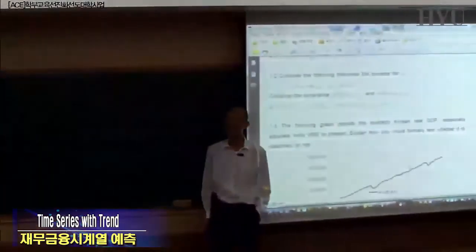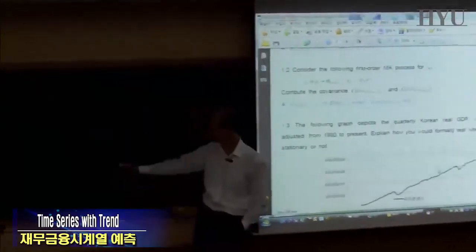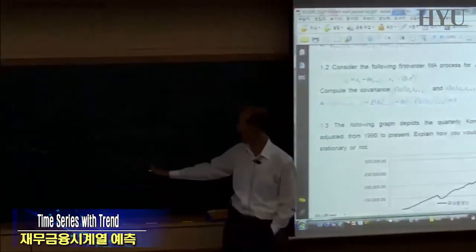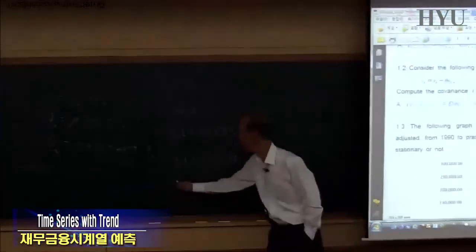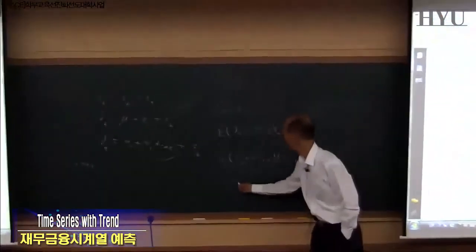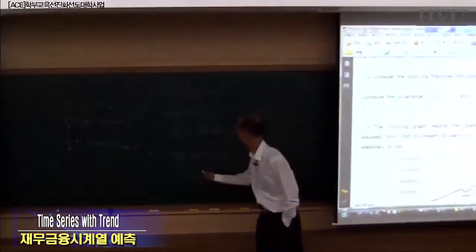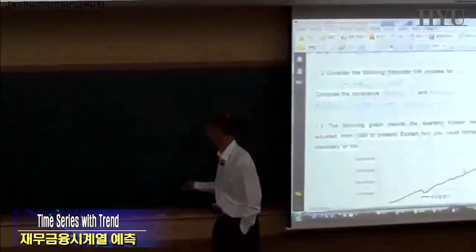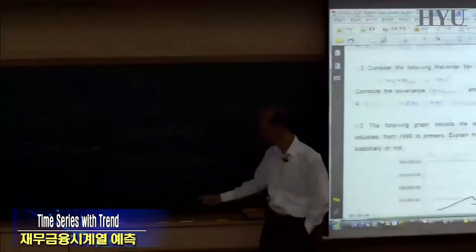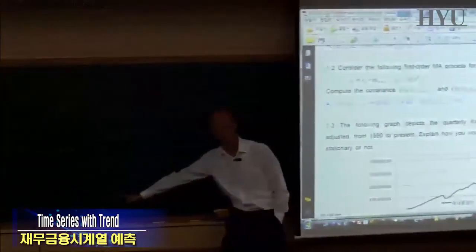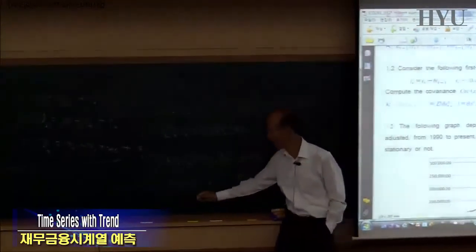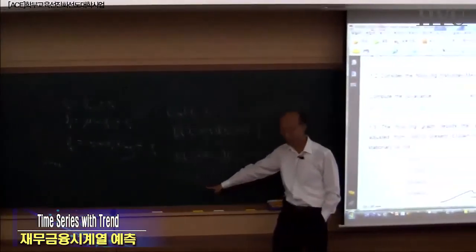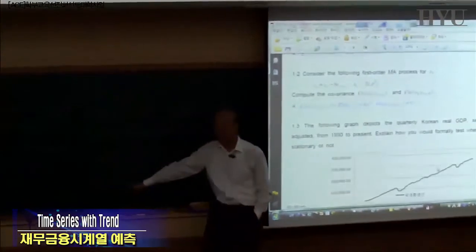The only thing left is this one, theta epsilon t minus 1 squared. So it has theta epsilon t minus 1 squared plus 3 more terms, but those all have expectation 0, and this one survives, right? So what is this value? Theta sigma squared.